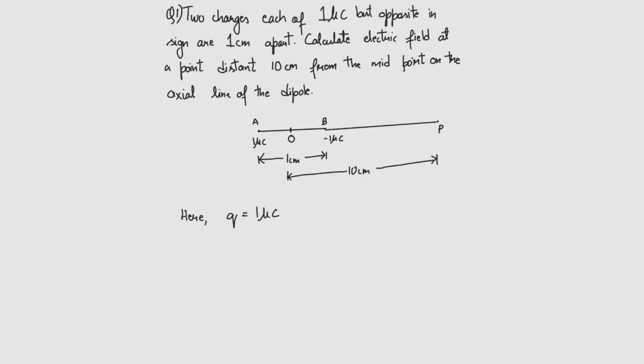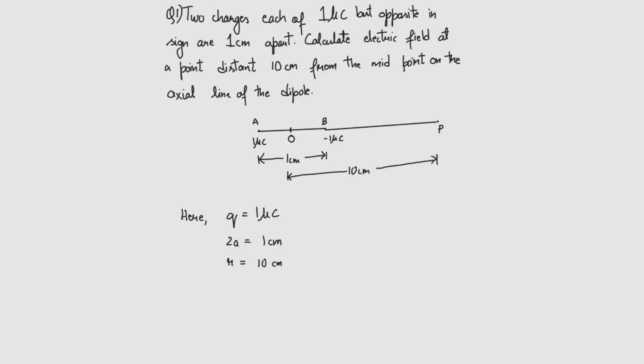That is the charge. And then we have this distance 1 centimeter, the distance 2A. 2A is equal to 1 centimeter. And then next we have this distance 10 centimeter, the distance R, which is 10 centimeter. Fine?